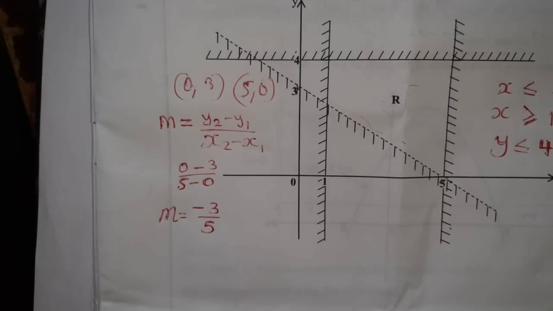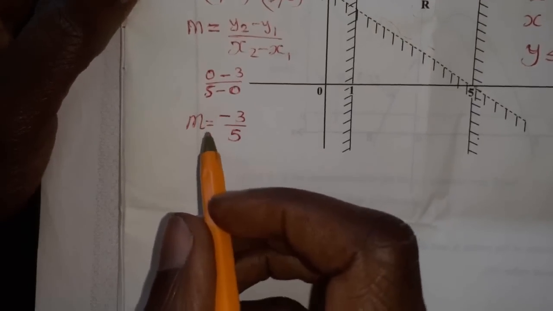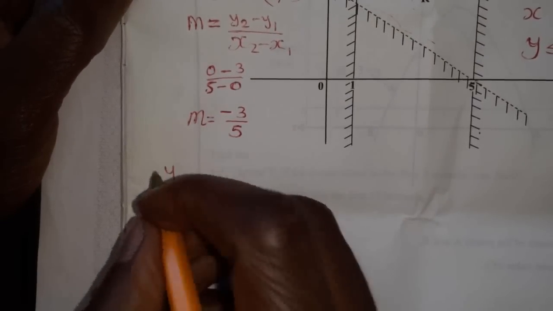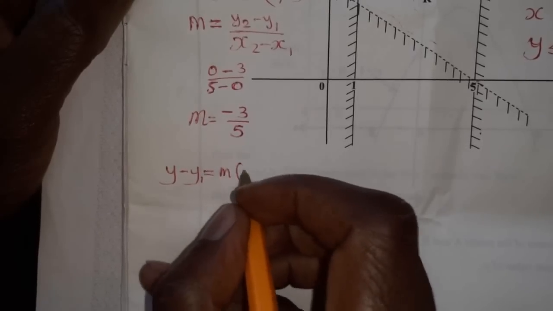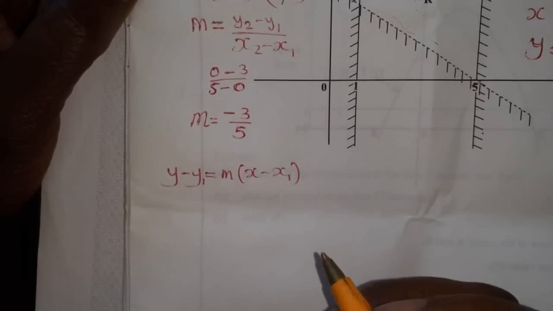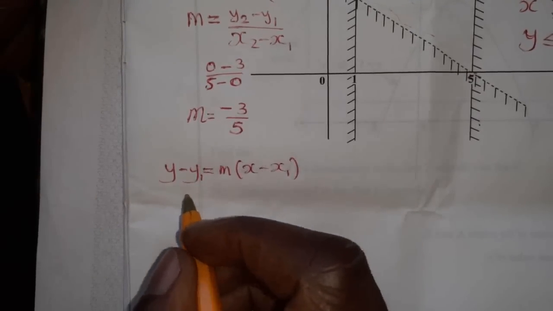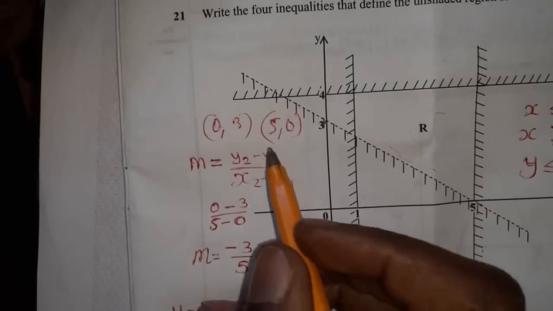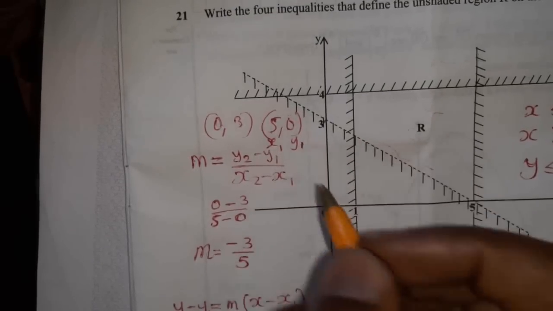So after we have the gradient, now we can write the equation. We can write the equation now. And this we can take as our x1, this as our y1.